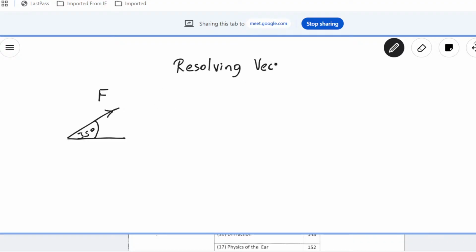All right. So how could we resolve this force into the horizontal or the vertical component? We're doing both.